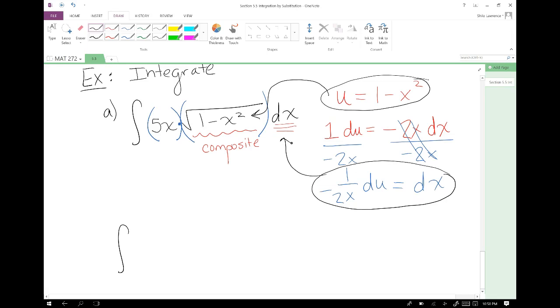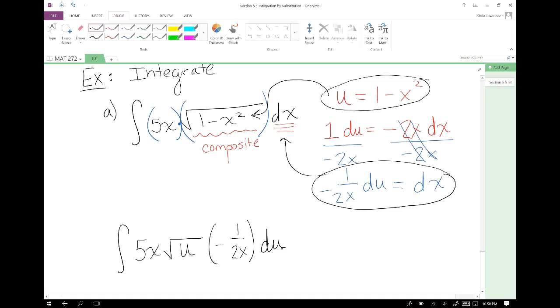and I'm going to replace dx with negative 1 over 2x du. Now we have not said what we're going to do with the 5x, so we just leave that alone for now. So I've got 5x times the square root of u, and then for dx, I'm going to do negative 1 over 2x du.